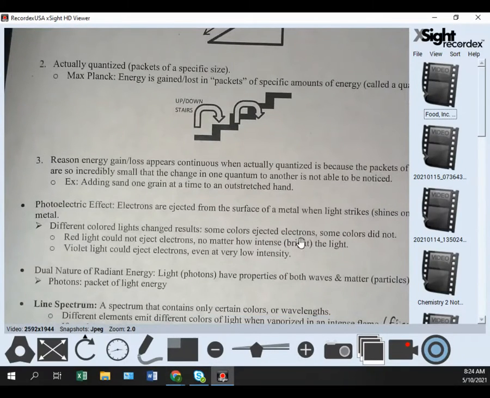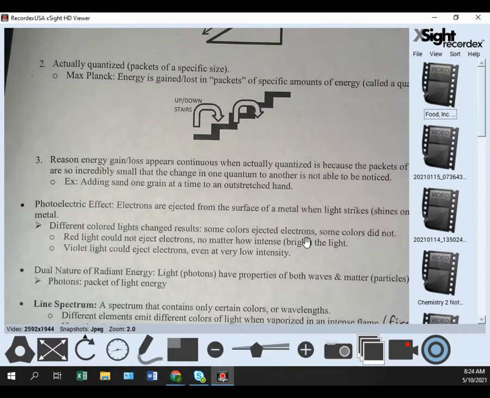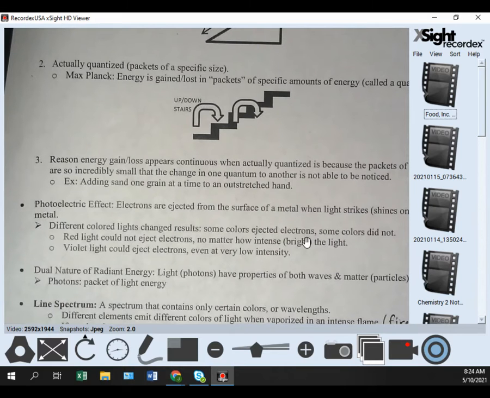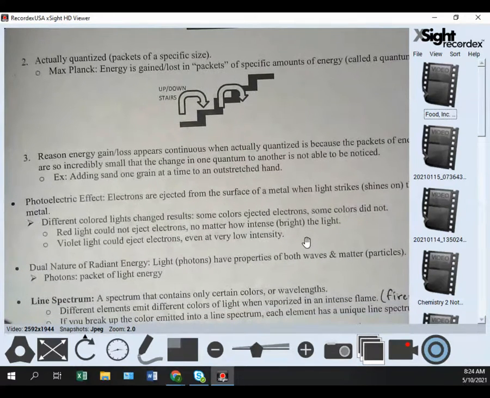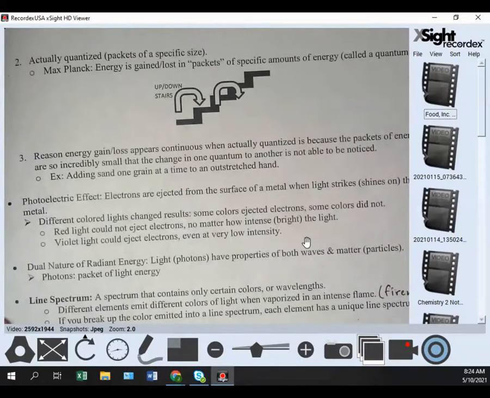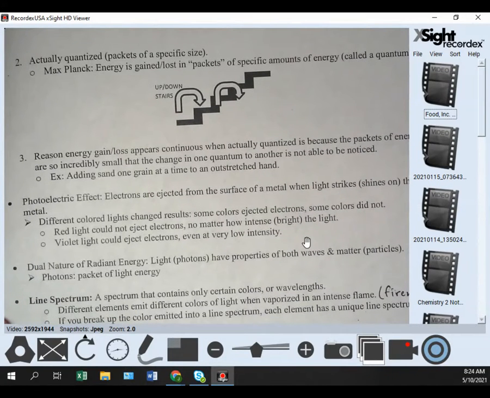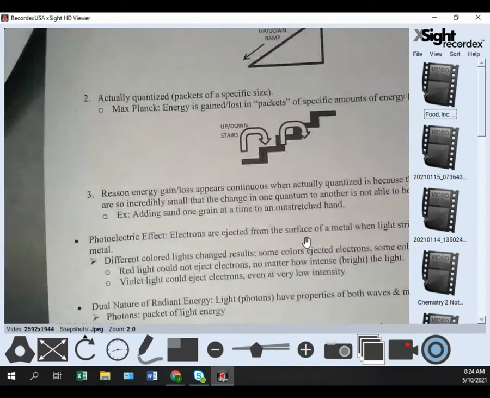Different colored light, some ejected electrons, some didn't. Anybody remember why we said that happened? Yeah, good. Different wavelengths told us that the lights have different amounts of energy. The packets of energy are different sizes, different amounts of energy, right? So different colors tell us different amounts of energy being given off. Everybody good with that idea?